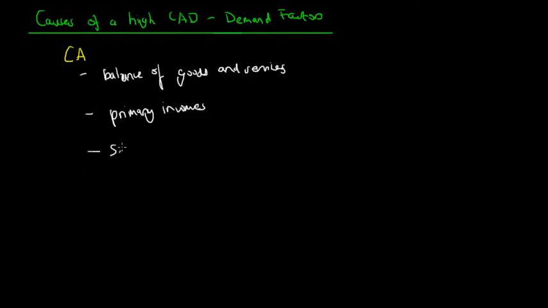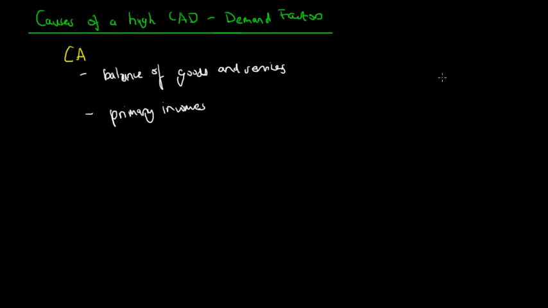And there's also secondary incomes, which are just transfers, but this subcategory reflects a very small proportion of our current account, and therefore we're just going to neglect this for the simplicity of our analysis. So we're not going to worry about secondary incomes for this lecture. So we're just going to look at balance of goods and services and our primary income.